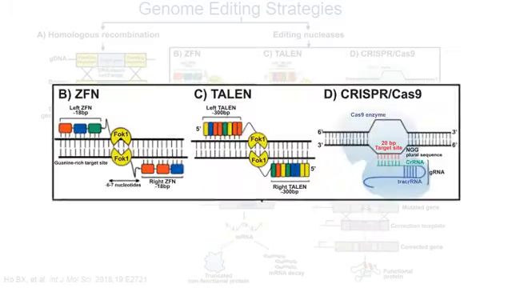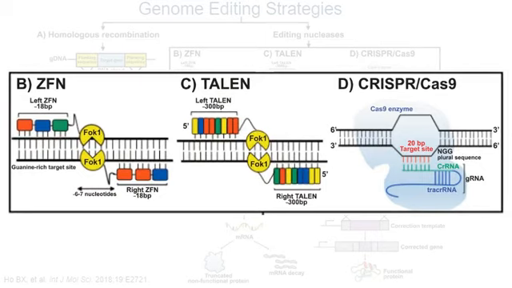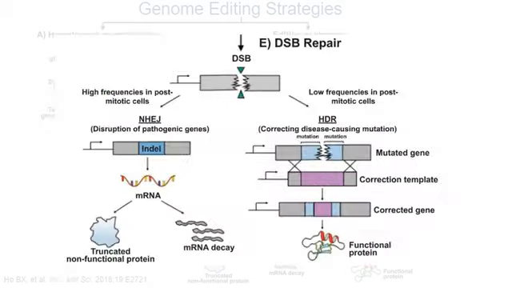And so on the right-hand side of the slide, you see a number of different editing nuclease-based approaches. So reading from the left to the right, zinc finger nucleases, TALENs, or CRISPR-mediated strategies in which protein or nucleic acid-based ways of delivering a nuclease to a region of the genome where a double-strand break is made.